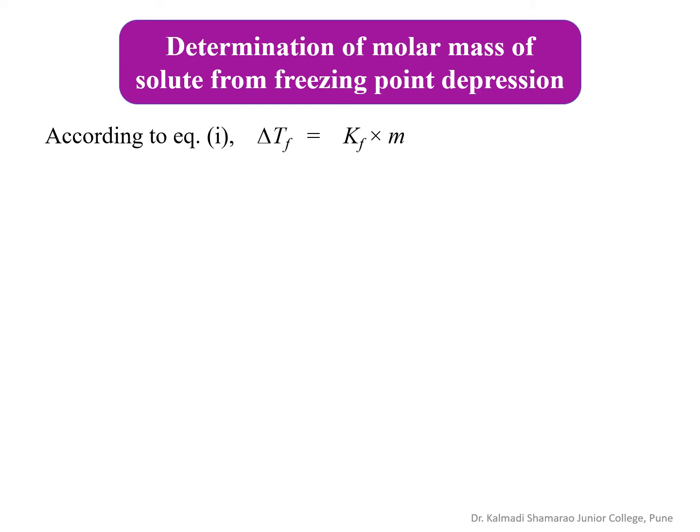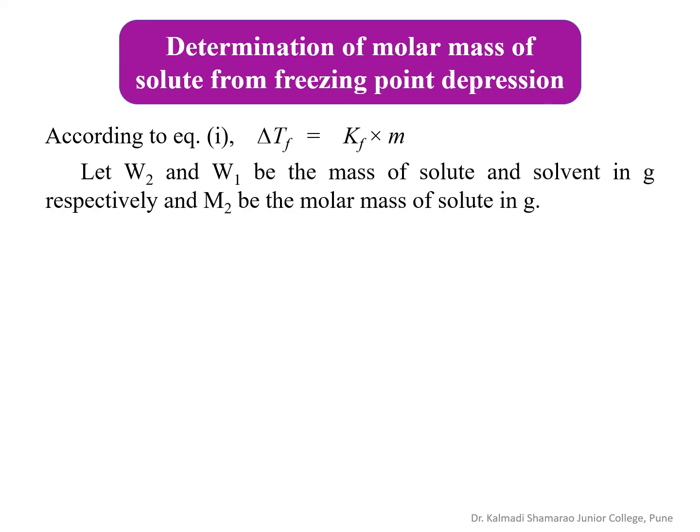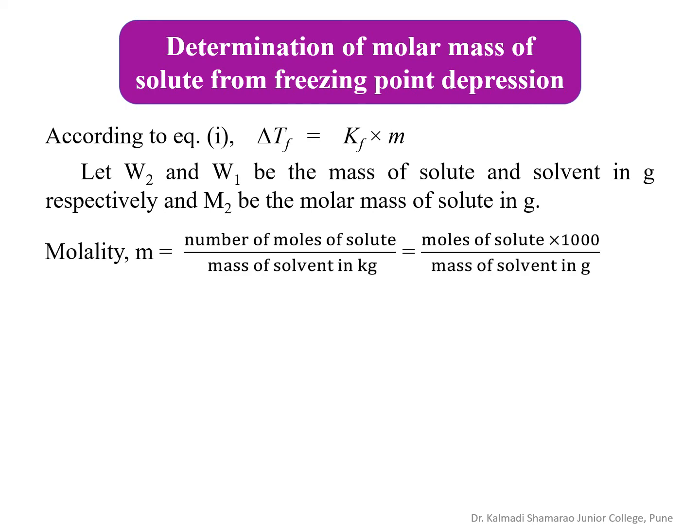According to equation 1, delta Tf is equal to Kf into m. Let W2 and W1 be the mass of solute and solvent in gram respectively, and M2 be the molar mass of solute in gram. Molality m is equal to number of moles of solute divided by mass of solvent in kg.